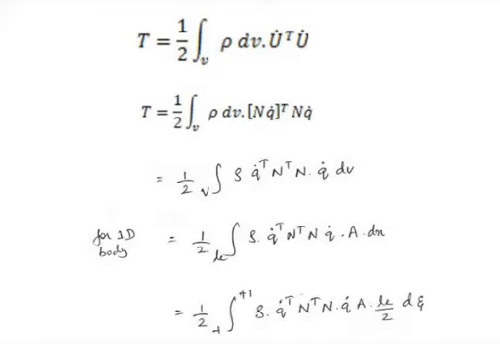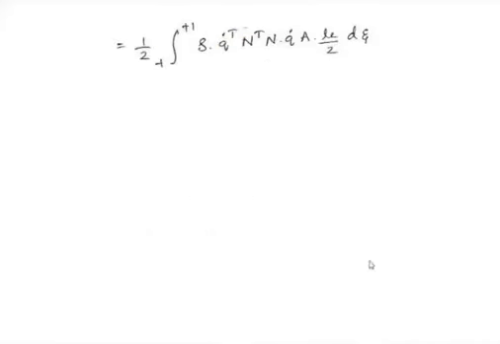So now it will be half integration -1 to +1 rho q dot transpose N transpose N q dot A. This I have already told you. I am changing it to natural, so it will be Le by 2 d zeta. Now I have half integration -1 to +1 rho q dot transpose N transpose N q dot A Le by 2 d zeta. Now segregate them.